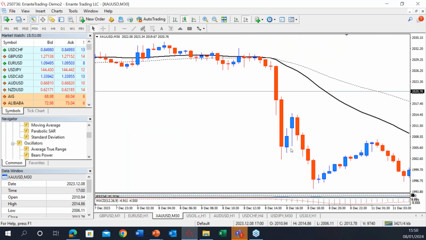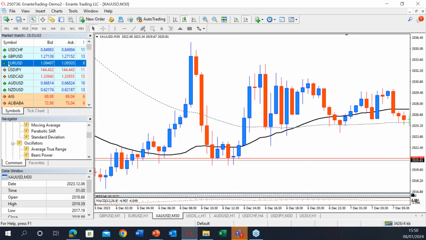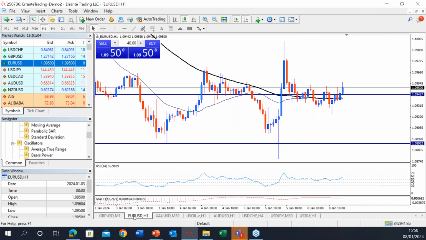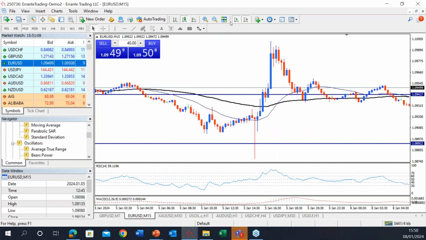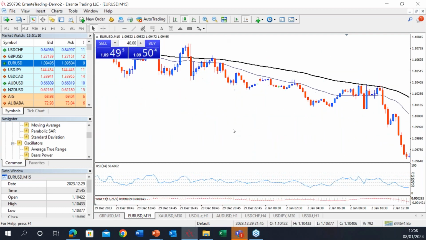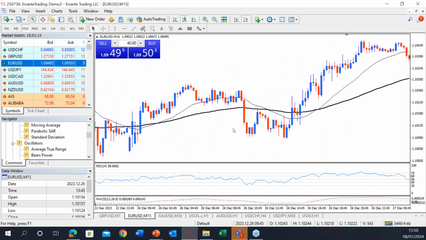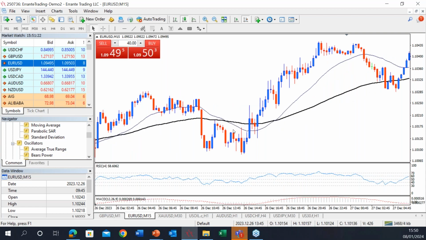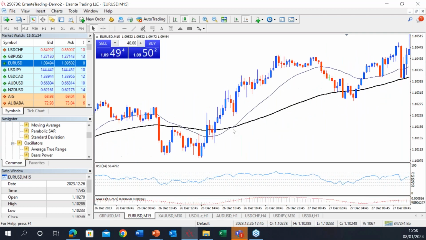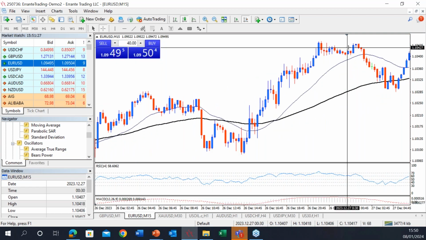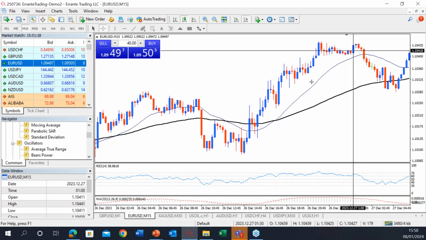Okay, or if we go to another instrument like EUR/USD, for example, on a 15-minute chart, you can find many different ways. For example, that was one where we want to trade in the direction of a prior trend, or sometimes we want to trade reversal against the prior trend.